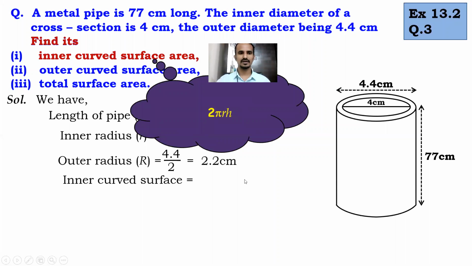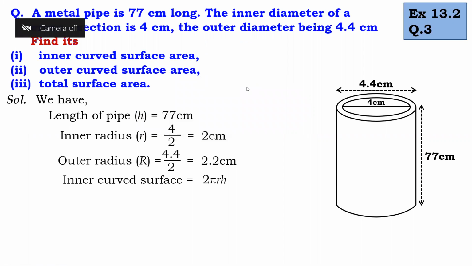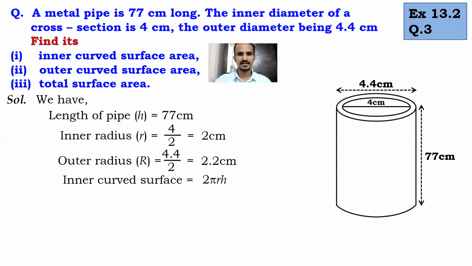So let's just write down the statement. Inner curved surface area is equal to 2 pi rh. Then we will calculate this. Remember, the radius is going to be small letter r, that is the inner radius.